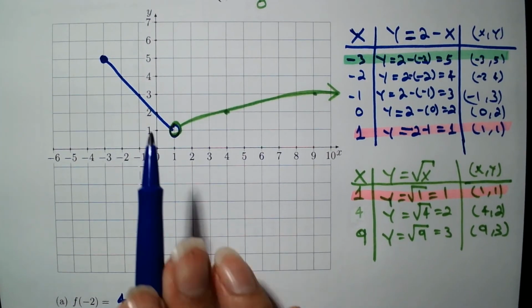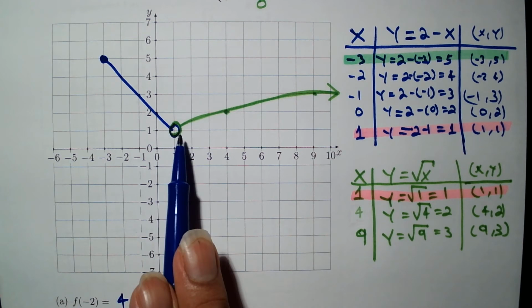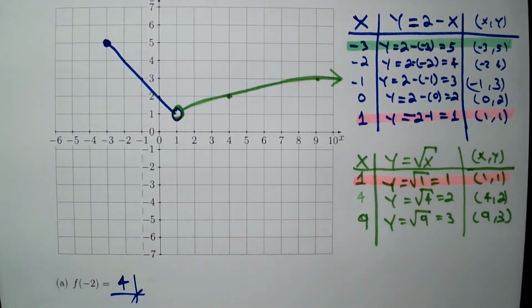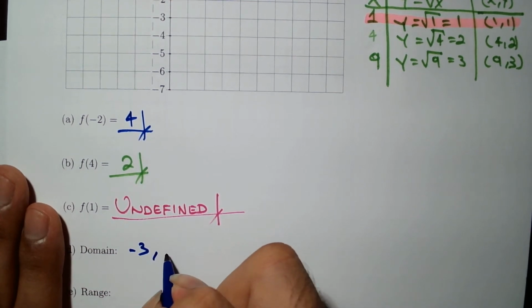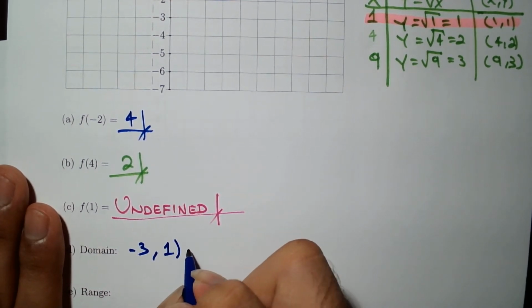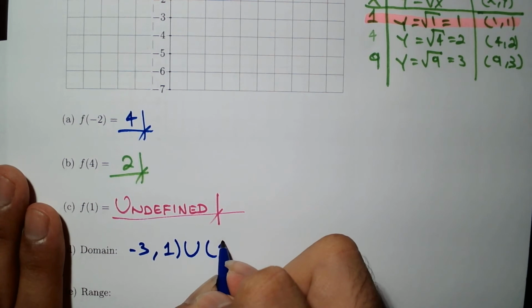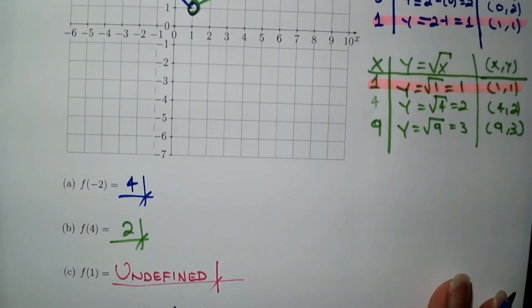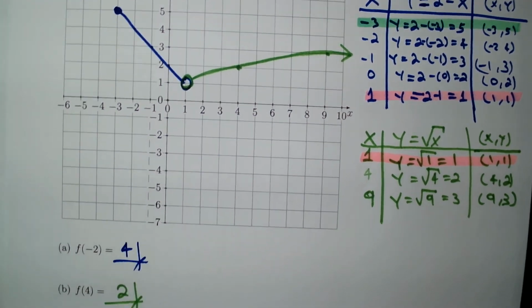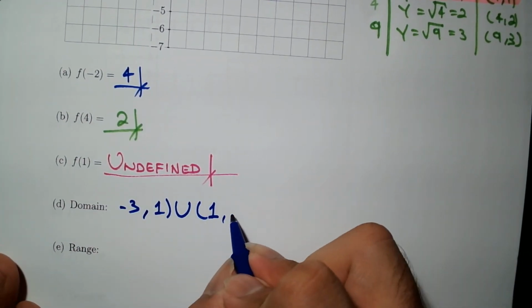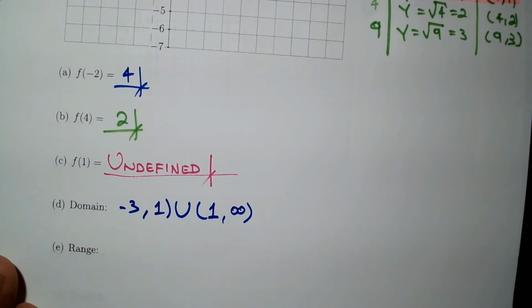And then we scan the graph from left to right, but we are going to get to this hole that we need to exclude. The hole is located at 1, union 1, and then in this case this graph is going to go on forever to infinity, and in this case with a bracket.